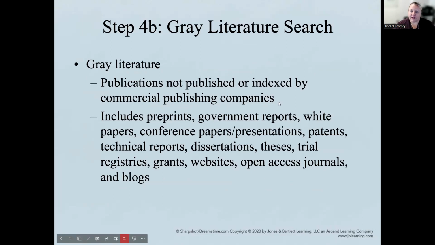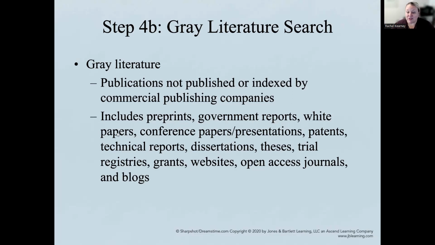The gray literature is publications that are either not published or they might not be published within different types of publishing journals. Some of these are government reports. Some of these are early prints of things, so things that are coming out in the literature but are only in draft version, or just like a preprint version.